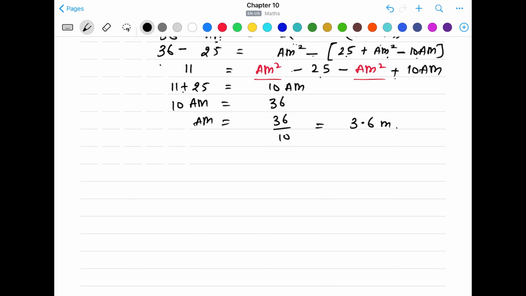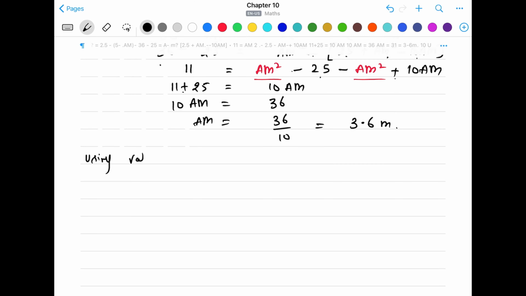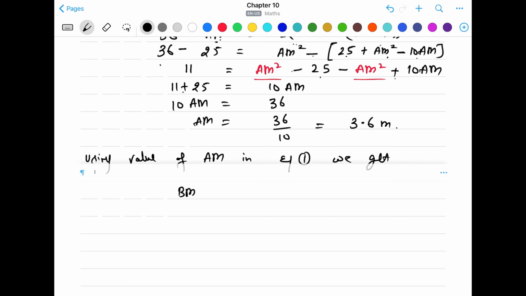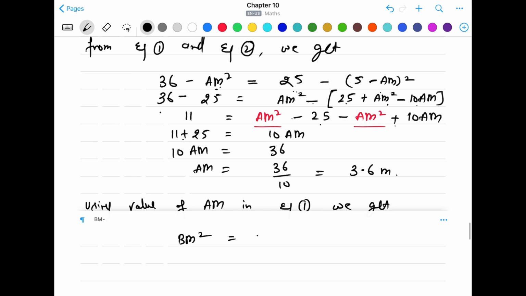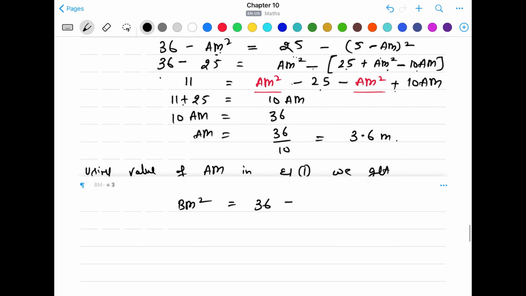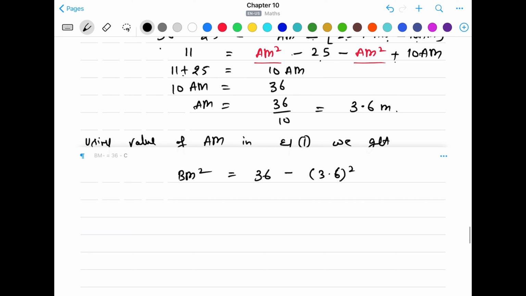Now let's write, using the value of AM in equation 1, we get BM square equals 36 minus AM square. So AM here is 3.6 square.